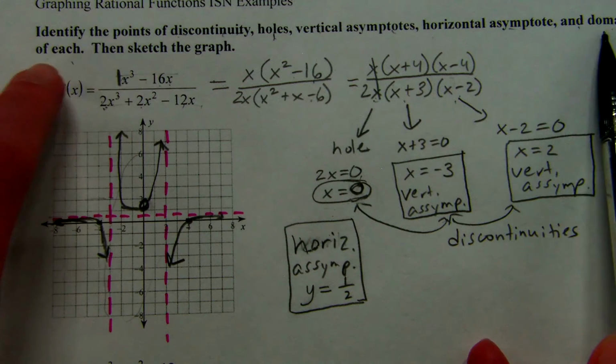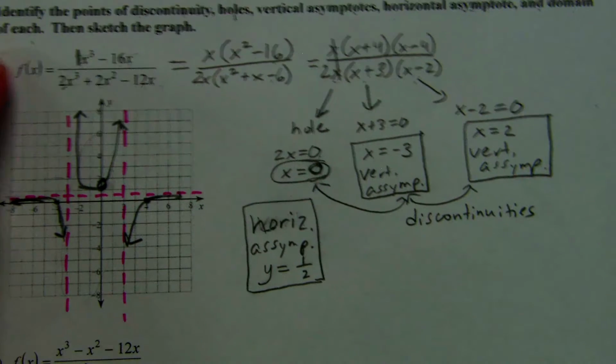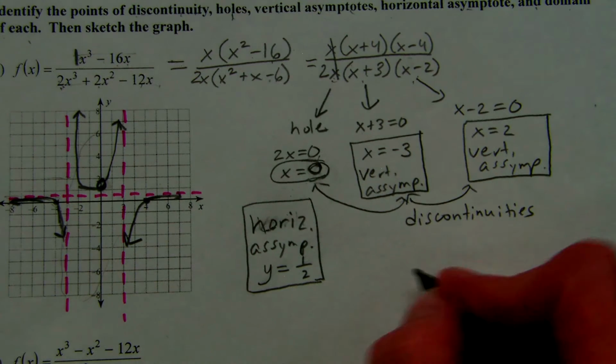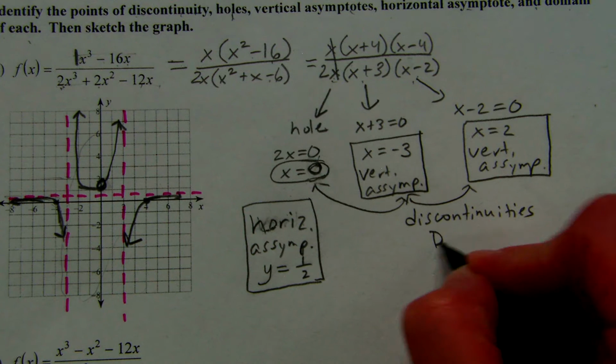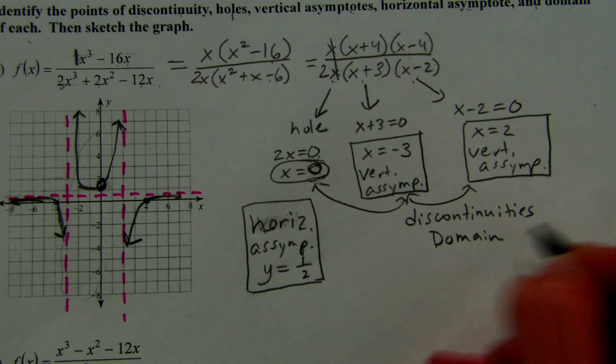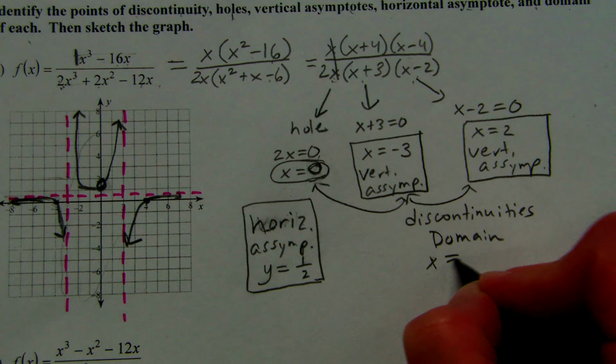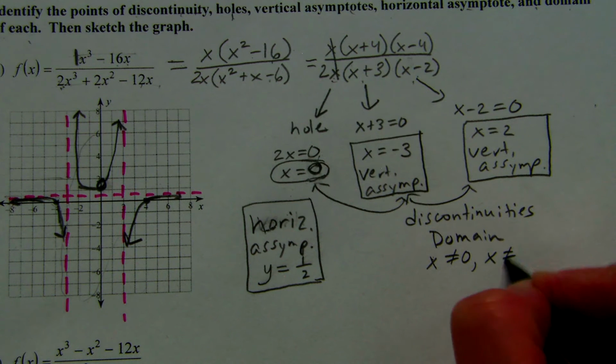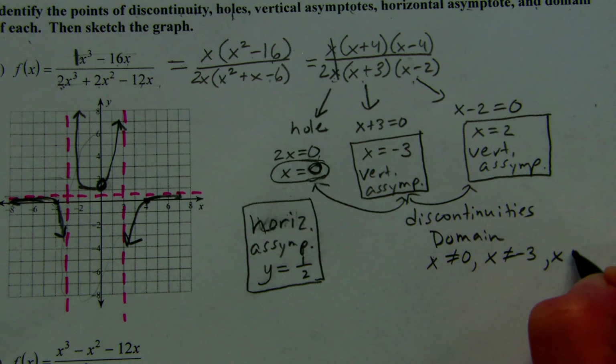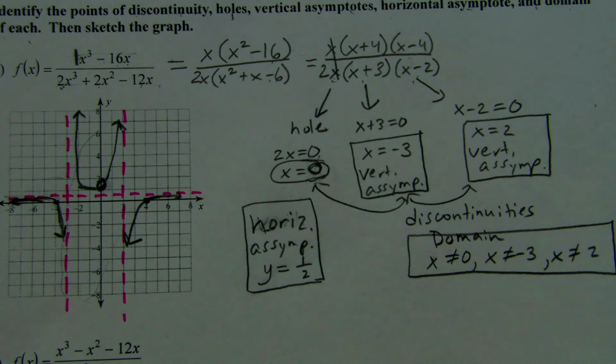We've sketched it, but we have not done the domain. So the domain is basically the same thing as the discontinuities, except you're going to say that the domain x will not equal 0, x will not equal -3, and x will not equal 2. Like the domain is all real numbers except for those.